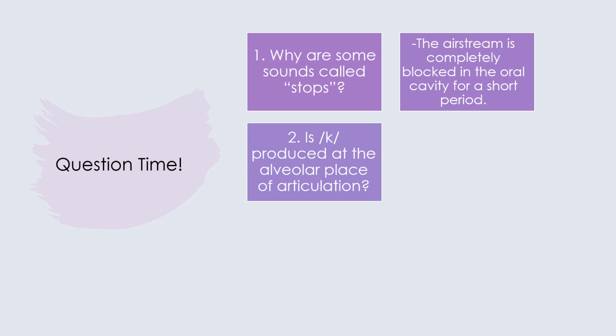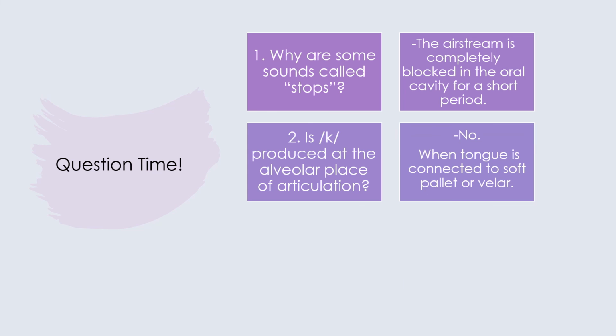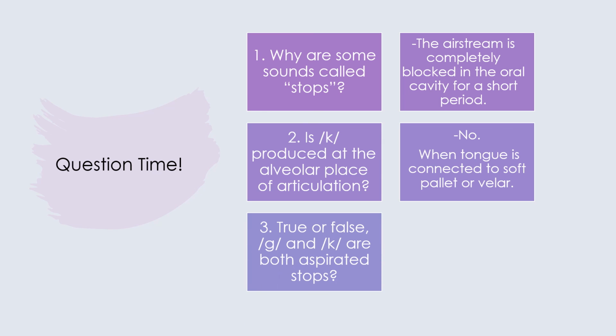My next question here, is K produced at the alveolar place of articulation? Now the answer to that is no. K is produced when the tongue is connected to the soft palate, or as I've referred to it a couple times in the presentation, the velar.